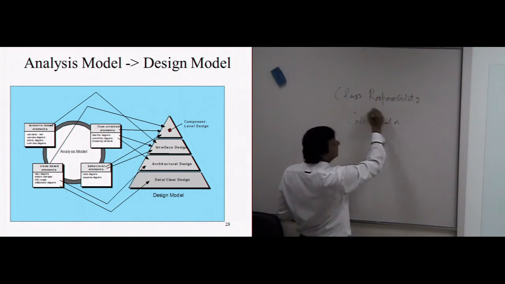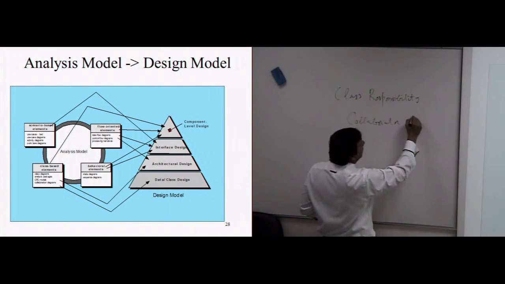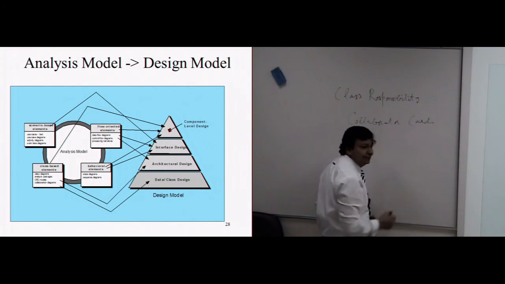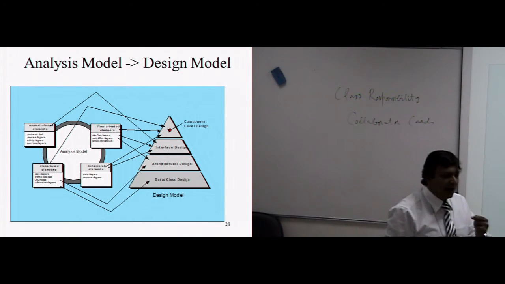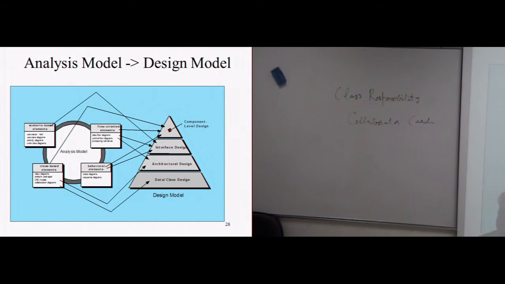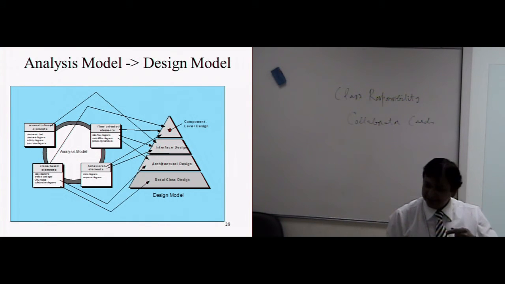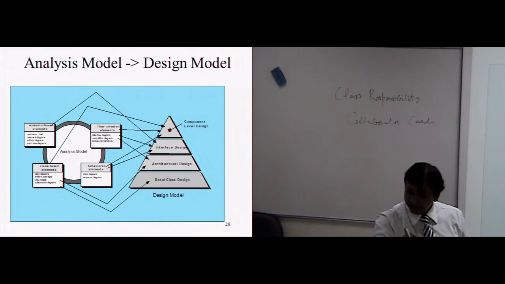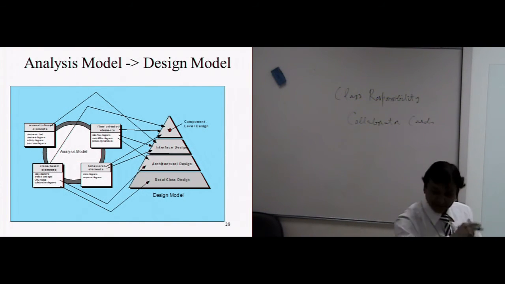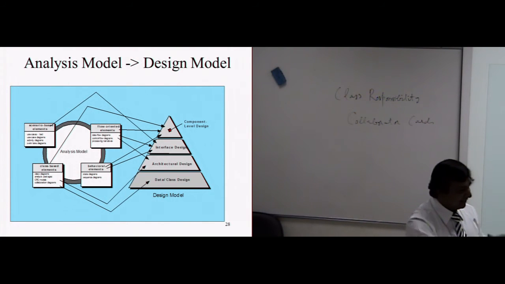This is CRC, and we use cards. Each card has a class. What are the responsibilities of this class? And which classes are related to this class, having an associated relationship with this class?